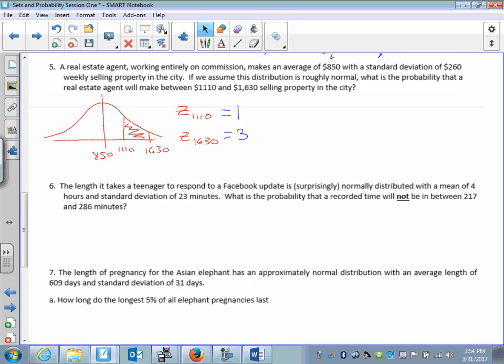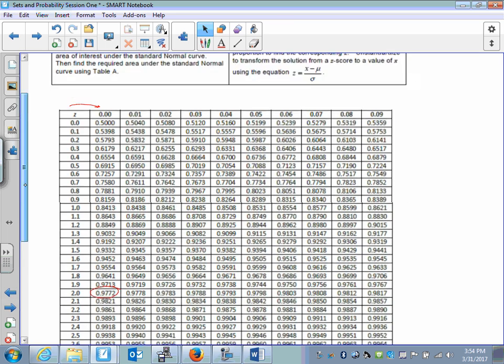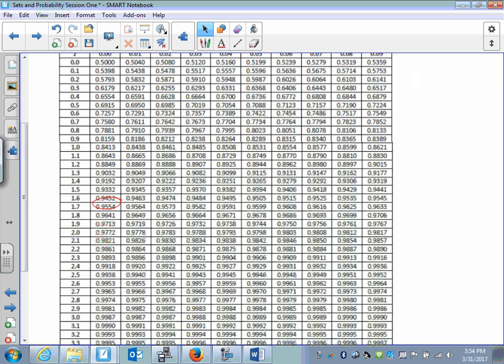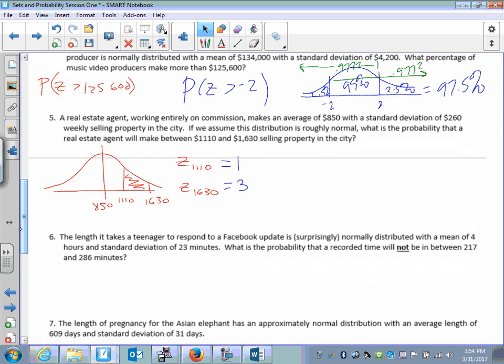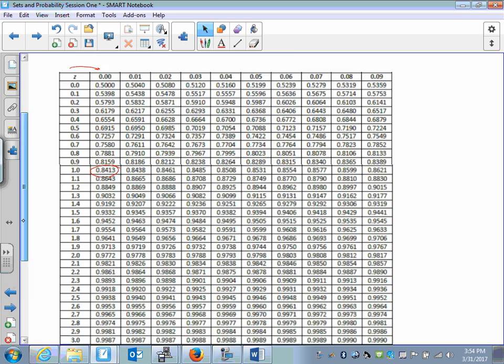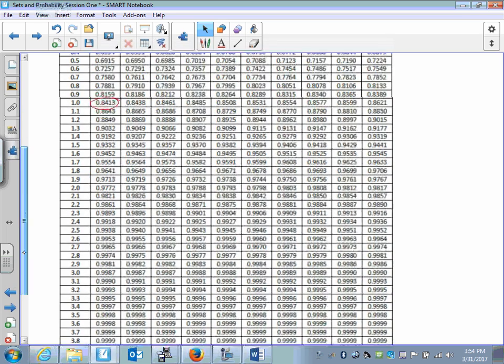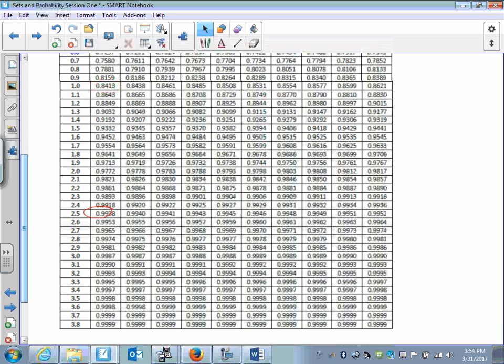So the area for a z-score of 1 is going to be 0.8413. And the z-score for 3 is going to be 0.9987.